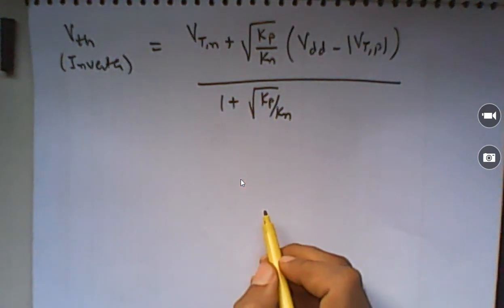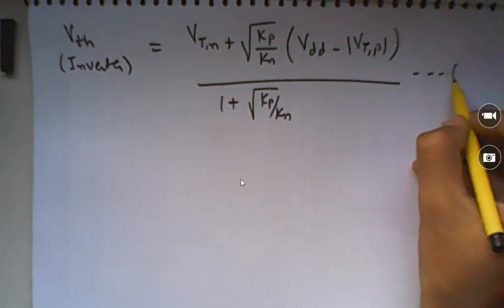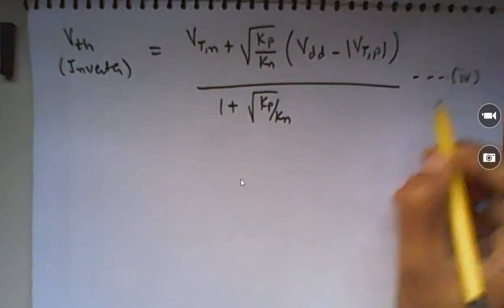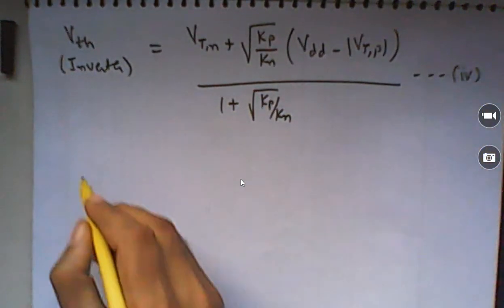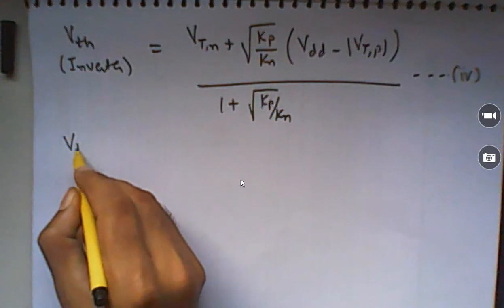This we already did. Now let me compare this threshold voltage of the inverter with the threshold voltage of the 2 input NOR gate.